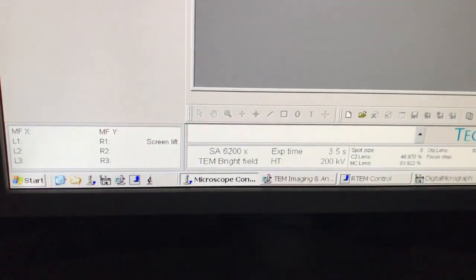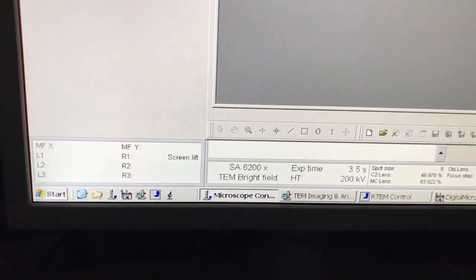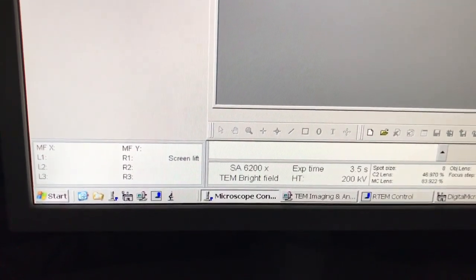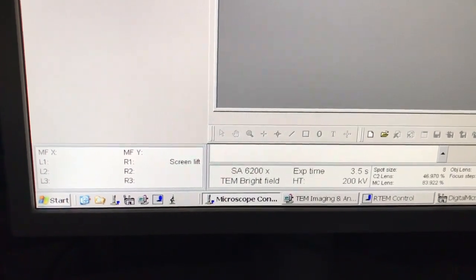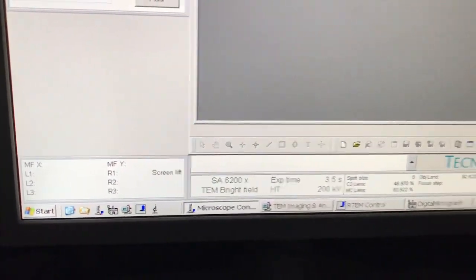Another good question is what magnification should you use? You want to be in SA mode when you're doing this. I usually go all the way down to the lowest indicated mag in SA mode, which is 6200X. There's really no benefit to going high with this.